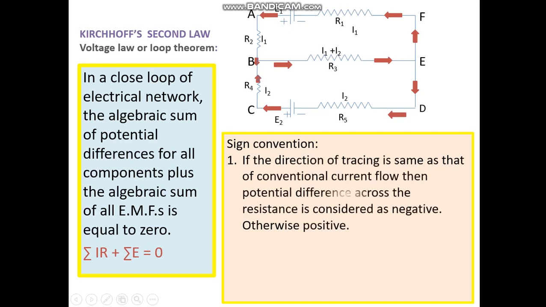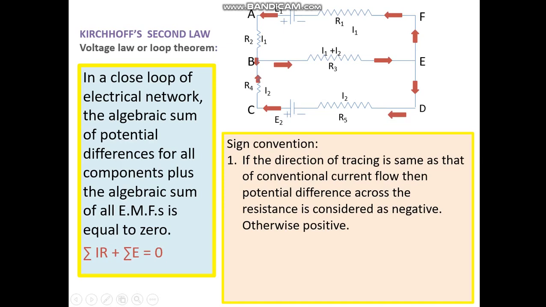If the direction of tracing is the same as that of conventional current flow, then the potential difference across the resistance is considered negative, otherwise positive. This is for potential difference.